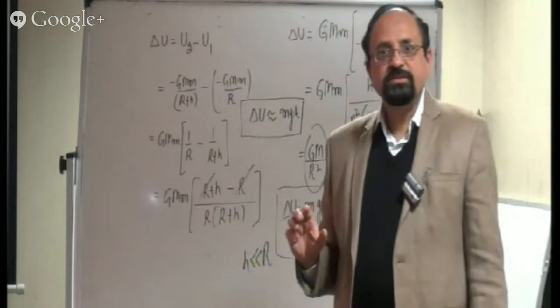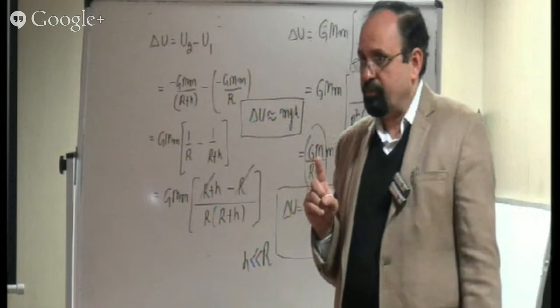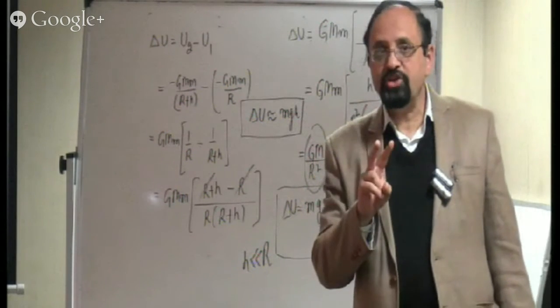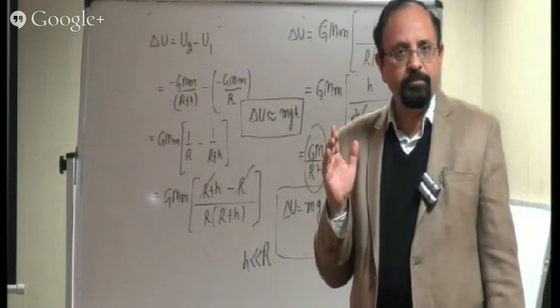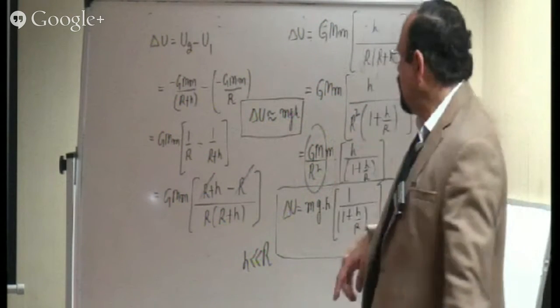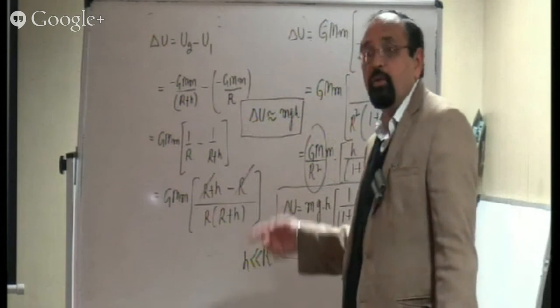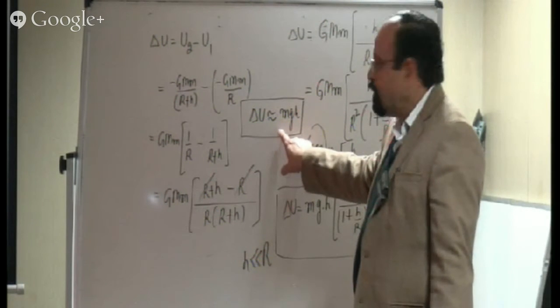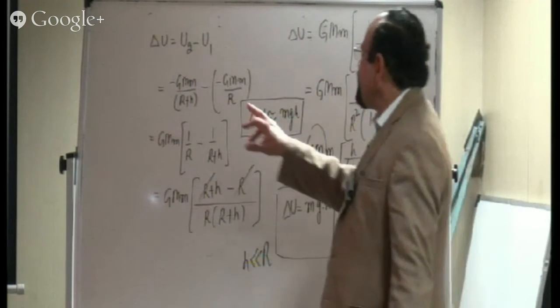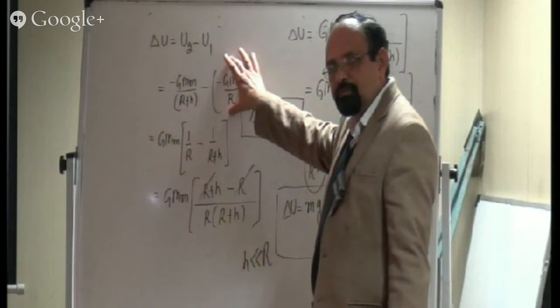So I think this point is quite clear to you: if you are using the formula mgh, that is for the potential energy difference, not for the exact value of the potential energy. Number two, it can only be used when h is very, very small as compared to R, and only if you are talking about a point mass, as I told you. Minus GMm by r is the general expression for the potential energy.